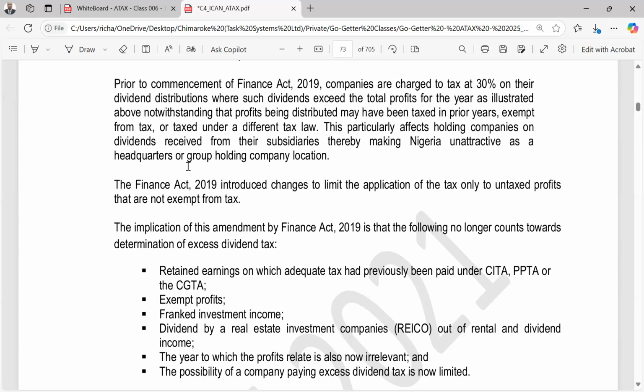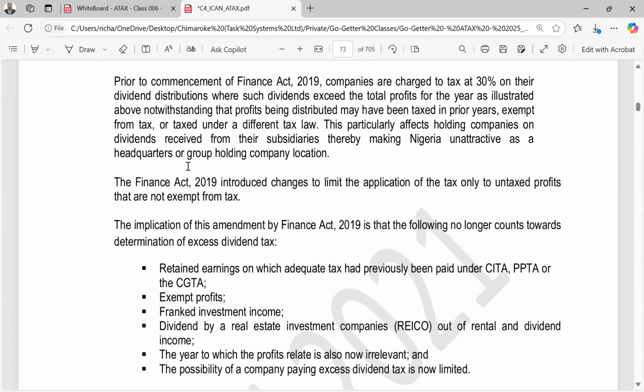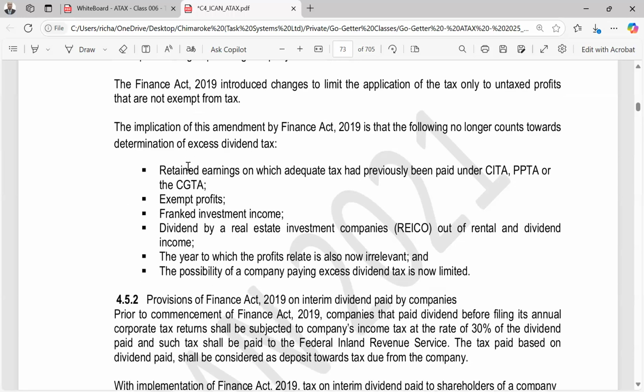Dividends received from another Nigerian company, which is franked investment income, are exempt from tax, so that one will not be taxed, and that makes it an attractive position. The implication of this is that the following no longer counts towards the determination of excess dividend tax.